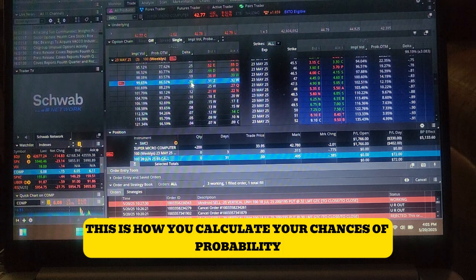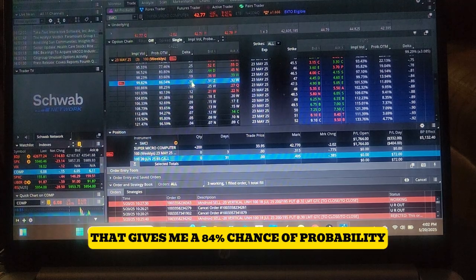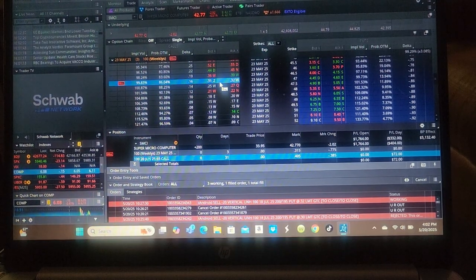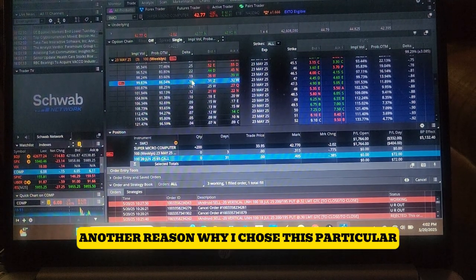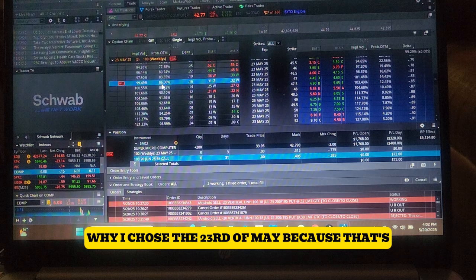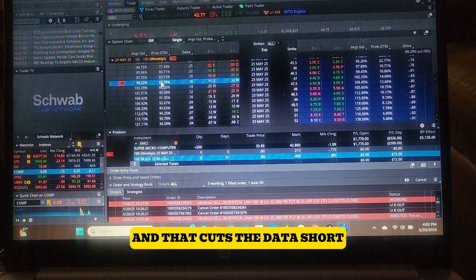Subtracting that 16 from 100, that gives me an 84% chance of probability. Another reason why I chose the 23rd of May, because this is going to expire in about 3 days, and that cuts the theta short.